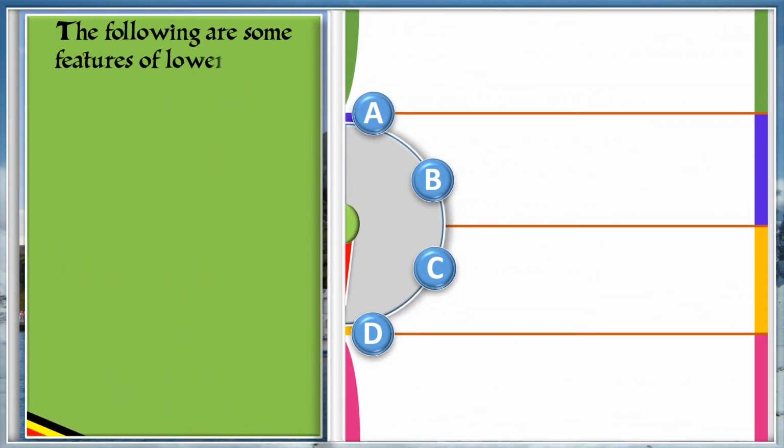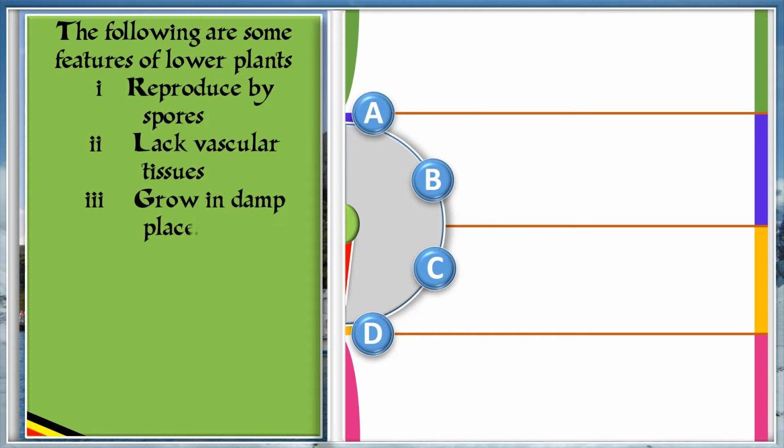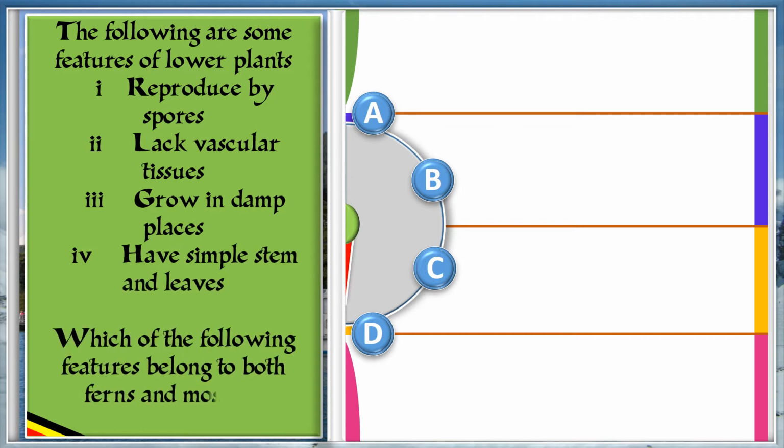The following are some features of lower plants. 1. Reproduce by spores. 2. Lack vascular tissues. 3. Grow in damp places. 4. Have simple stems and leaves. Which of the following features belong to both ferns and mosses?